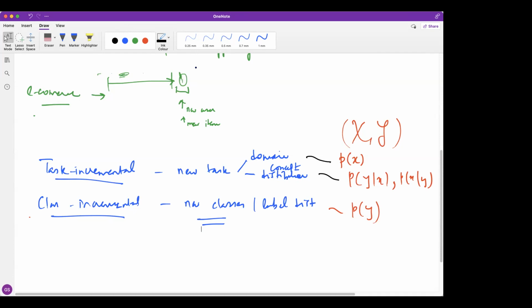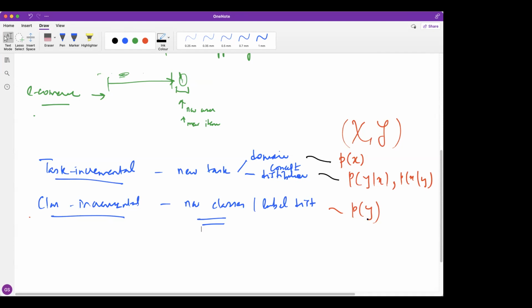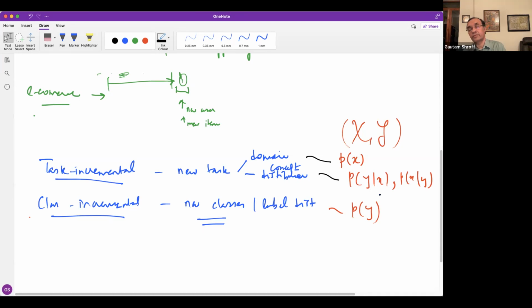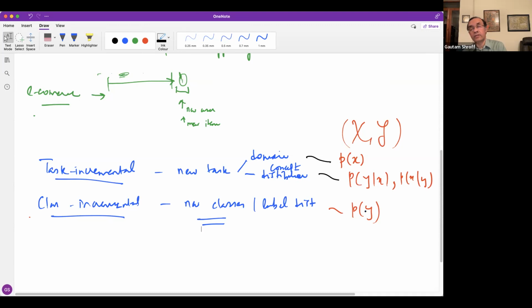Sir, how is concept distribution different from new classes or label distribution? You could have this without a label distribution change, but this necessarily implies this. You could do this without new classes, but with new classes, this will obviously change, right? If you have new labels, certainly this will change, because there'll be new guys here. But you could also have just the distribution of labels change.